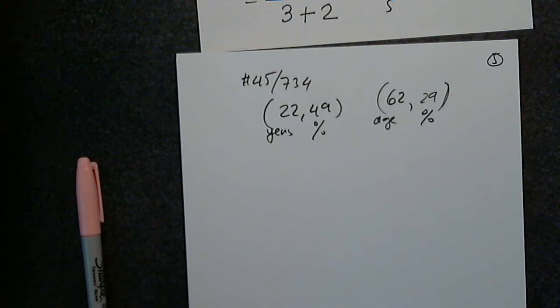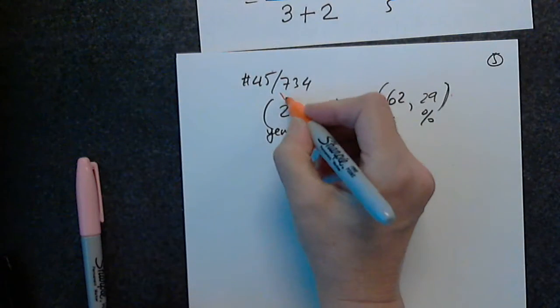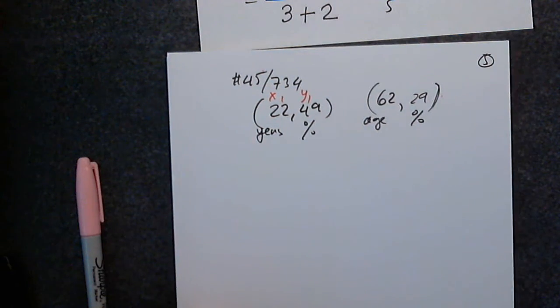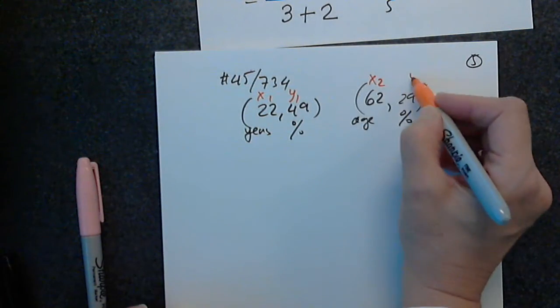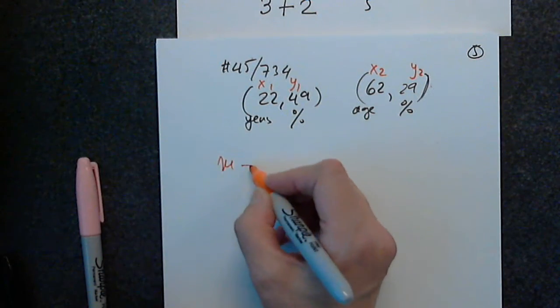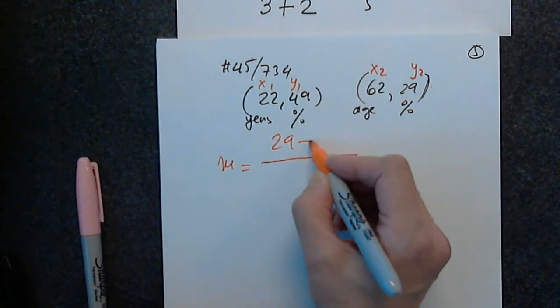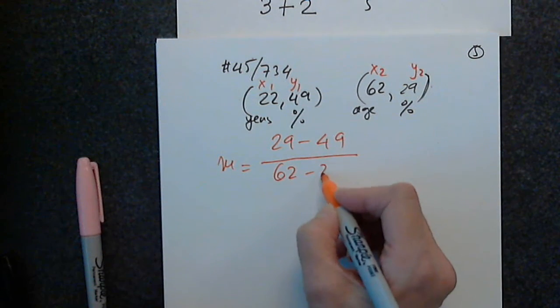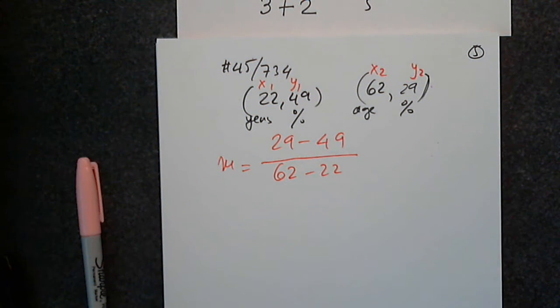Percent. So they want us to determine the slope. Again, I label my points, or imagine that I label them. You don't have to write it per se, but make sure you write the correct sequence. Then I have 29 minus 49 over 62 minus 22. The order is extremely important.